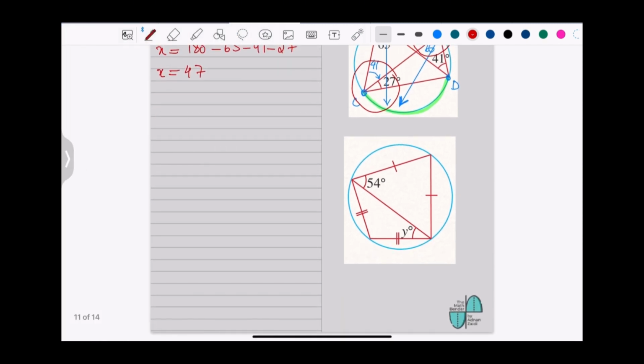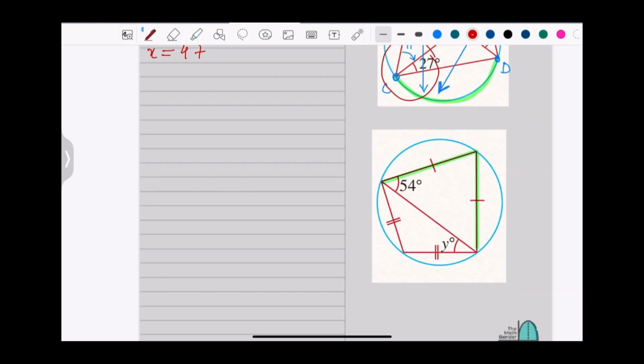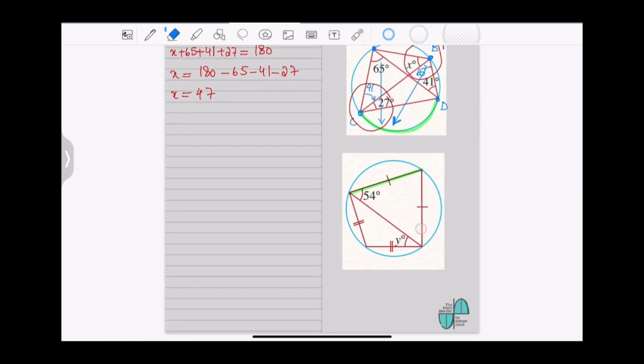Now looking at another question here, you can see that there are two isosceles triangles, this and this. They are equal, so which means if the sides are equal, the angles are going to be as well. So this is going to be 54.